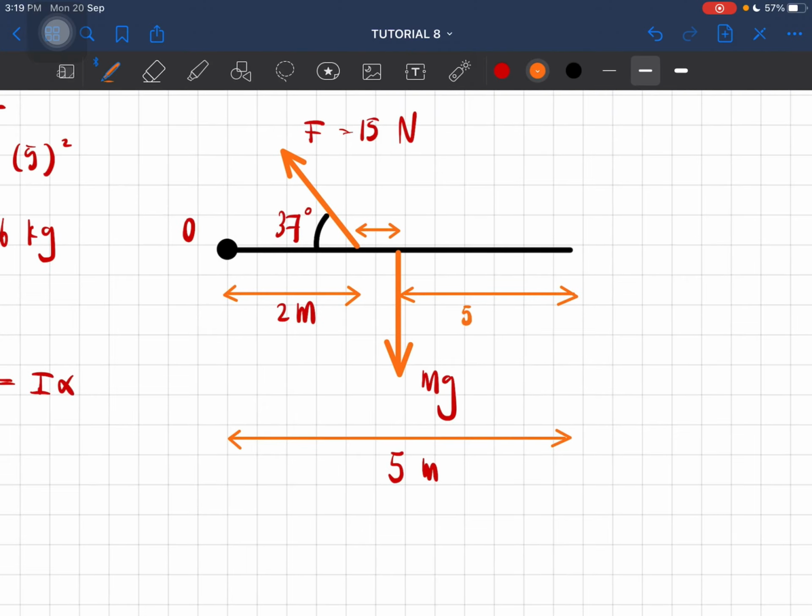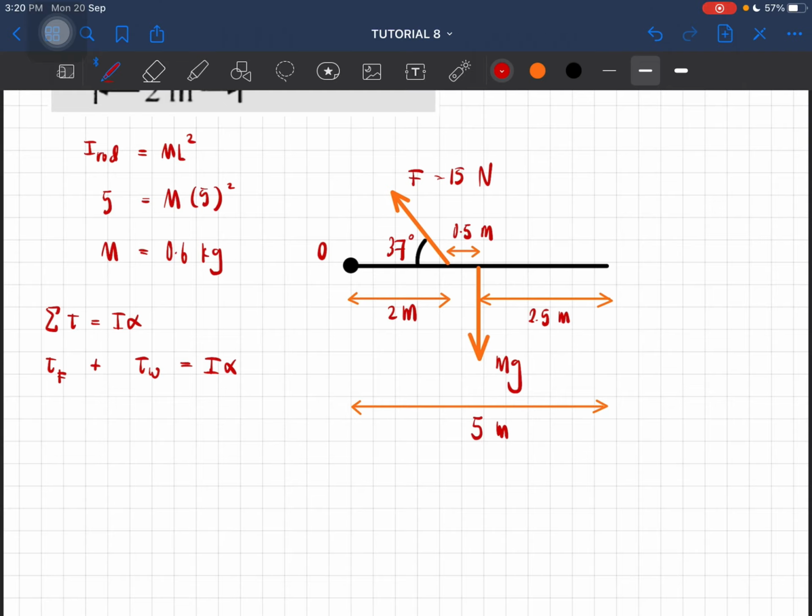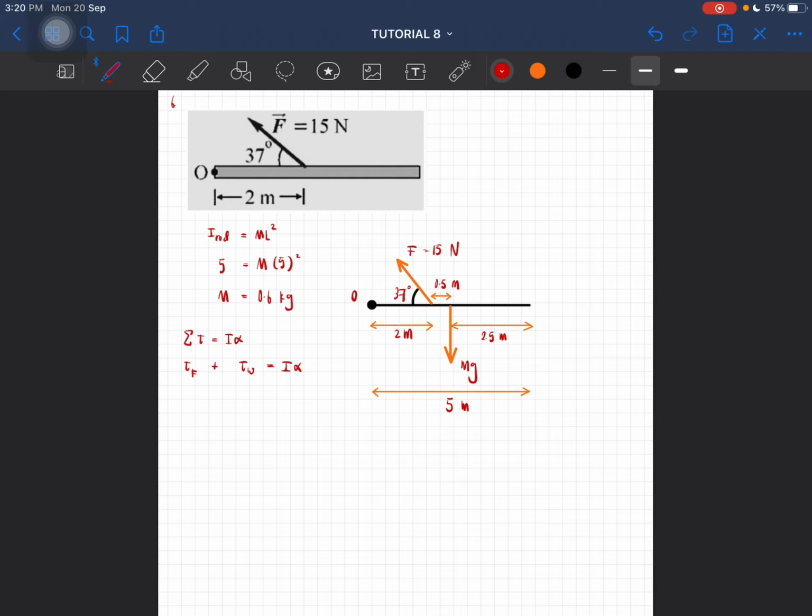The center of gravity is at half of 5, which is 2.5 meter, and 2.5 minus 2 is 0.5 meter. This is the 15 Newton force.